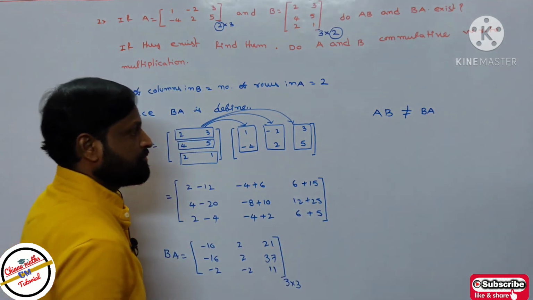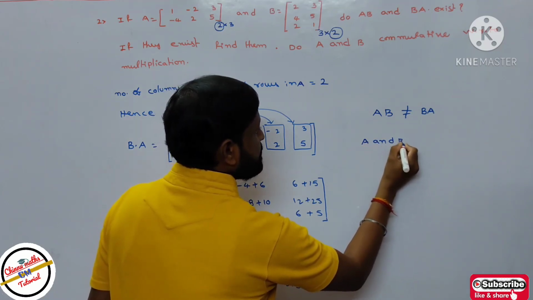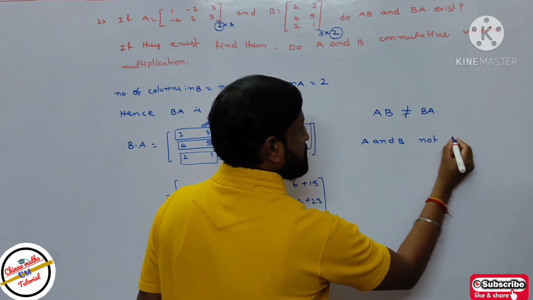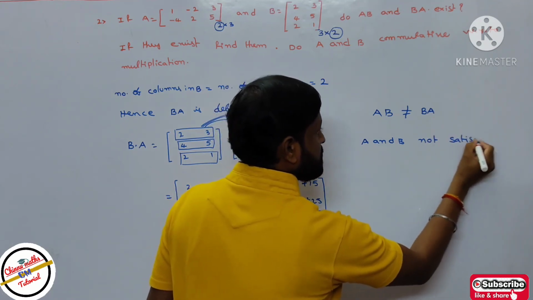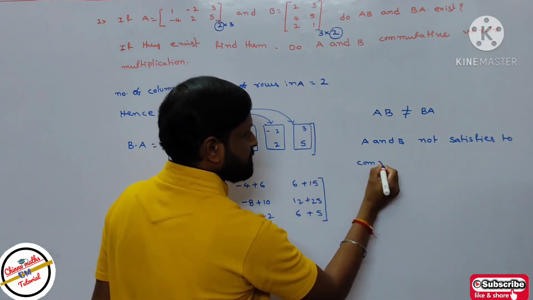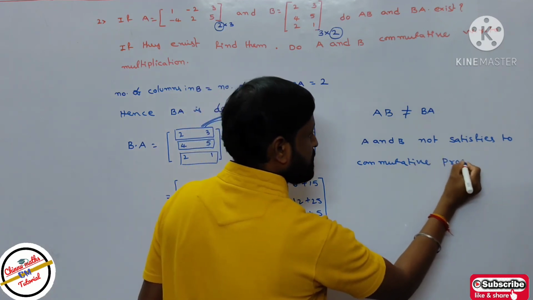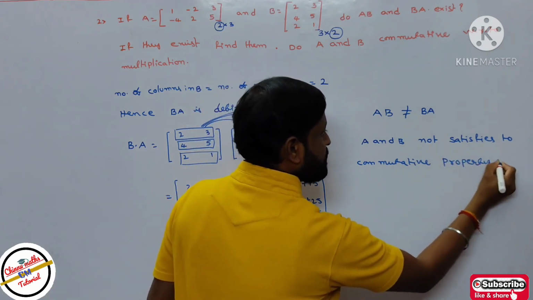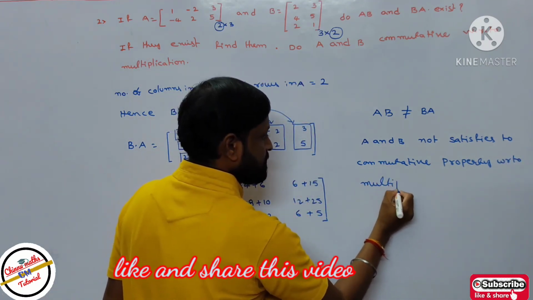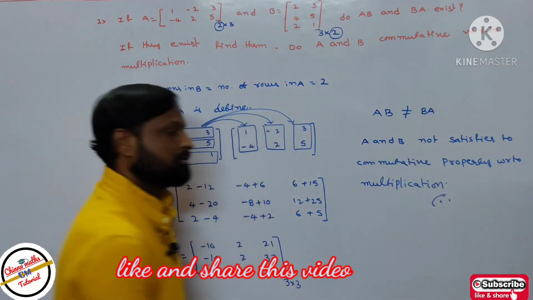So that means the matrices A and B do not satisfy the commutative property with respect to multiplication. So this is the solution.